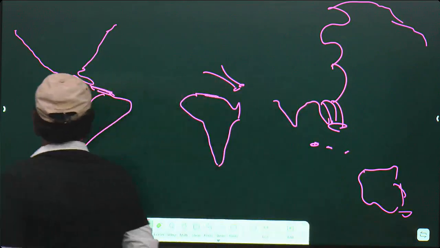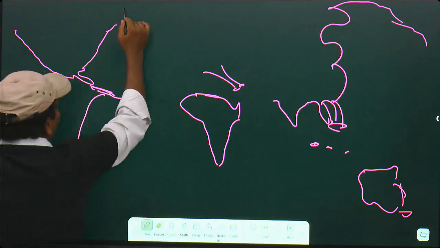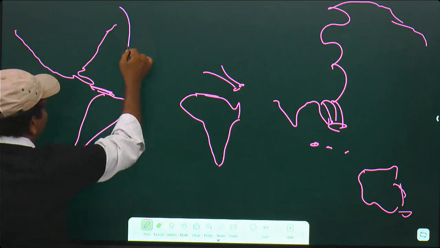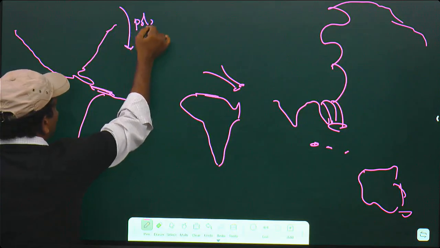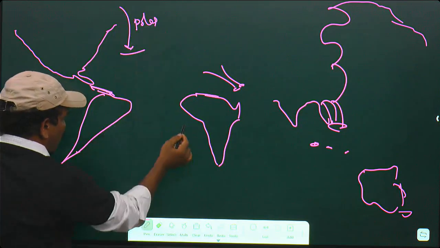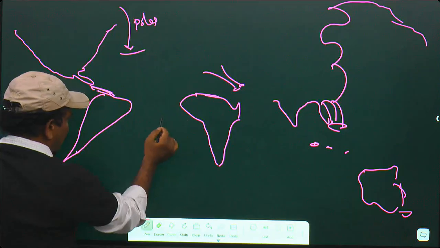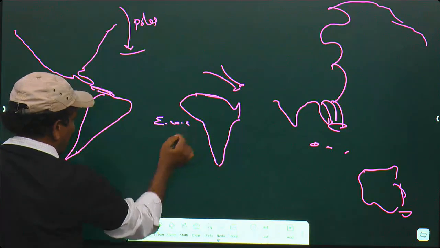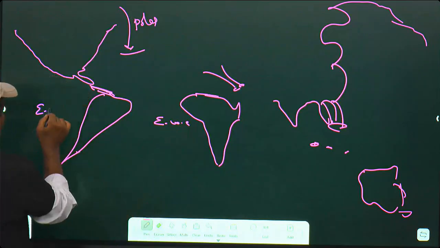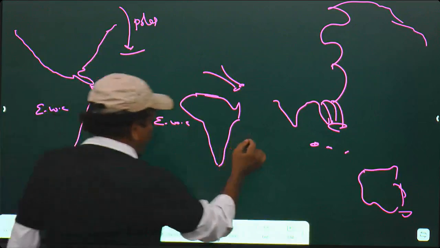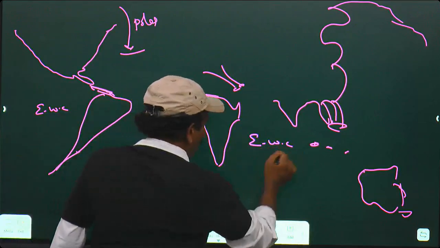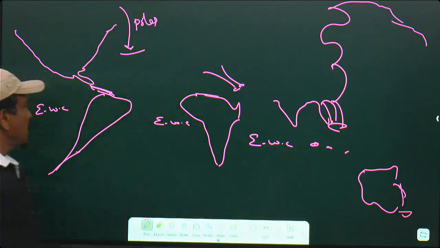Look at the board. Cold currents always move from the polar regions. Warm currents always originate in the equatorial area. This is an equatorial warm current. This one is an equatorial warm current. Clear?